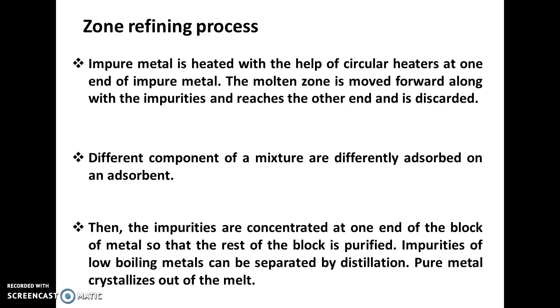Then the impurities are concentrated at one end of the block of metal so that the rest of the block is purified. The impurities of low boiling metals can be separated by distillation, and the pure metal recrystallizes out of the melt.